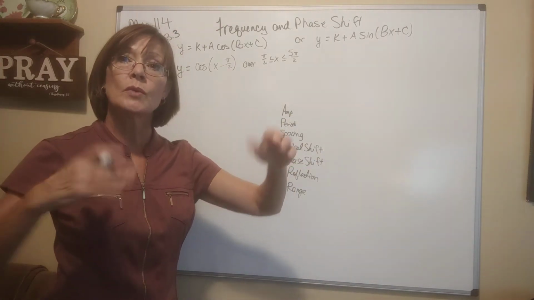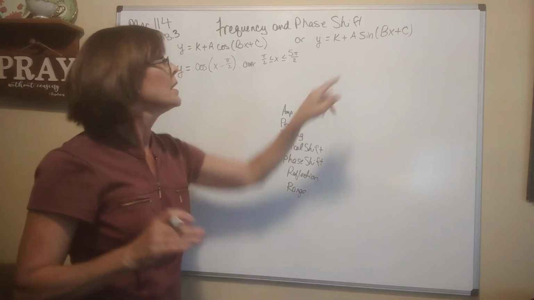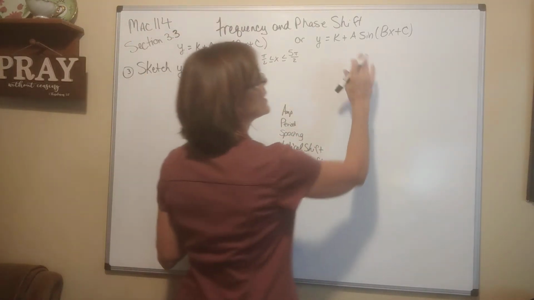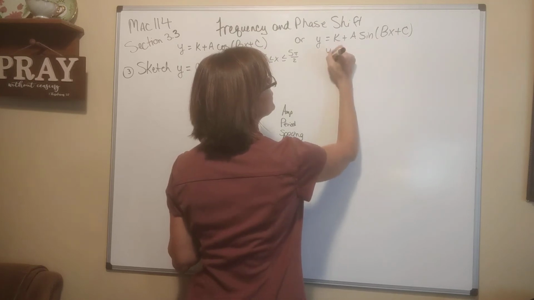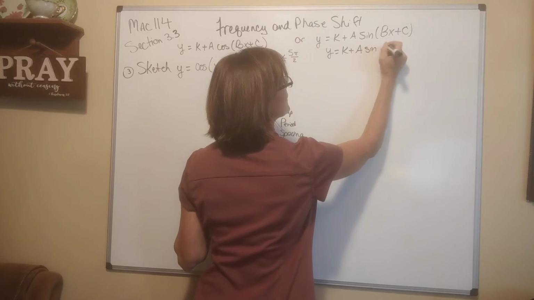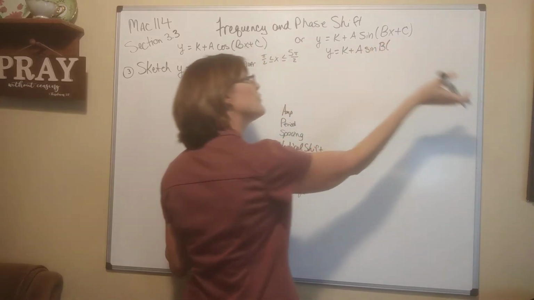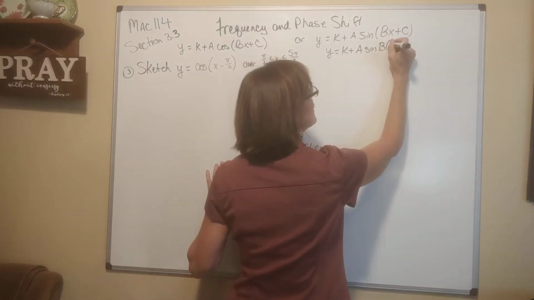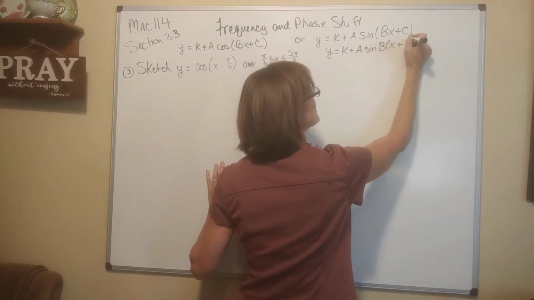What we're going to do is factor out the b right here, and then we can see the phase shift. So, instead of writing it like this, I'm going to write it like this. The only difference is I factor out that b, and when you factor something out, it's like you divided it by that. This turns into x plus c over b.